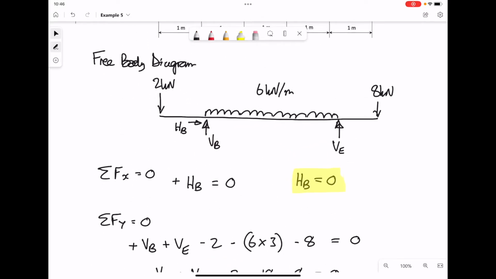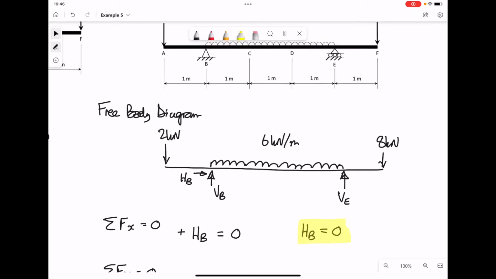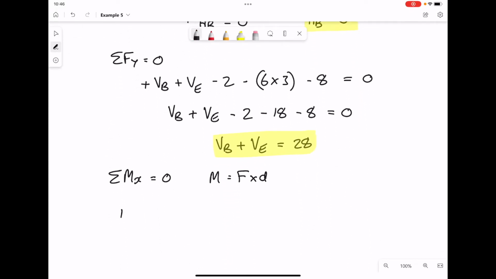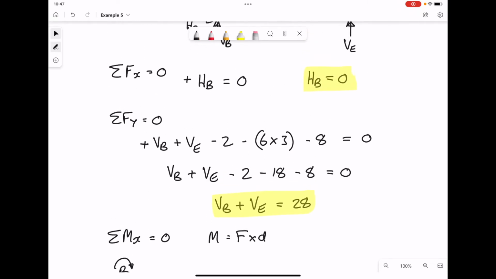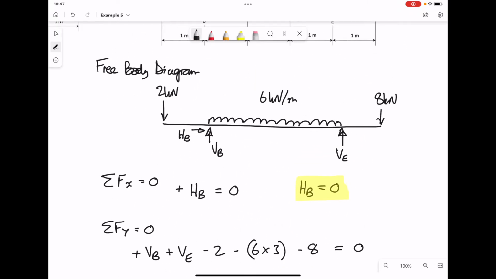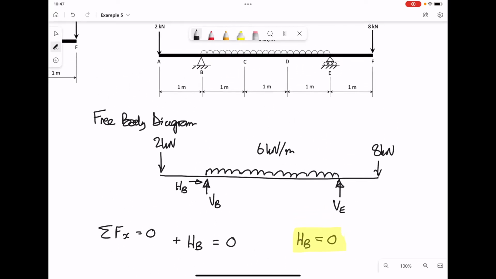So looking back at our free body diagram, we're going to take moments about our first support, which is labelled point B. We're going to take moments about point B, and look at the forces and the distances involved.